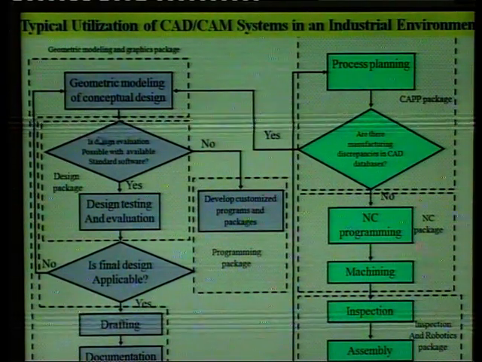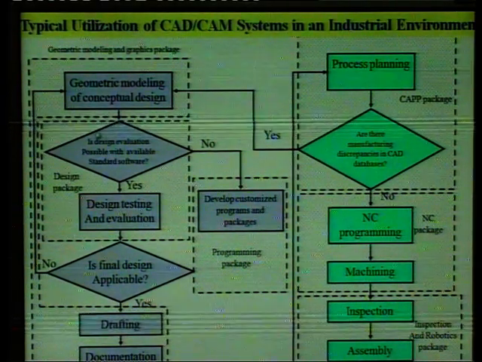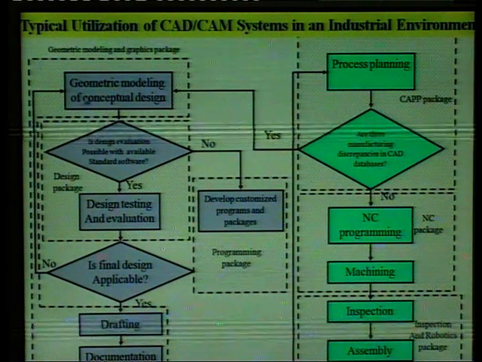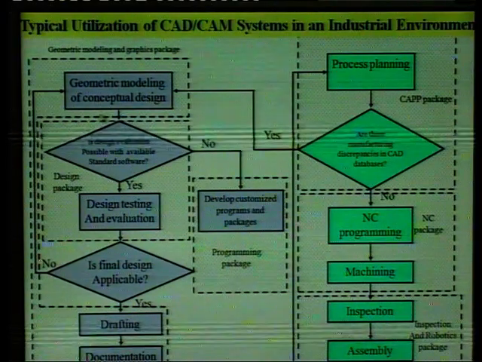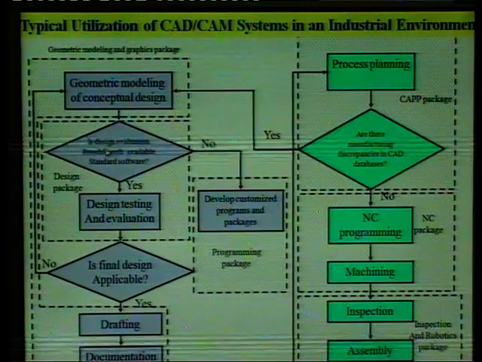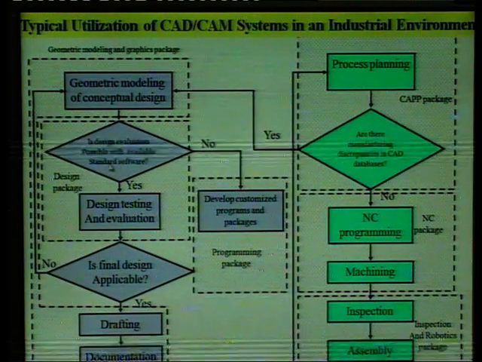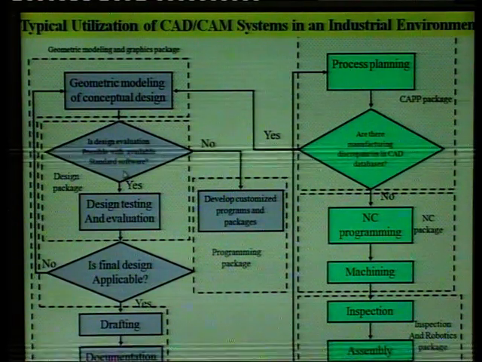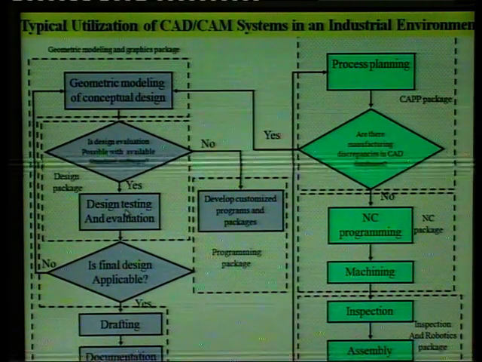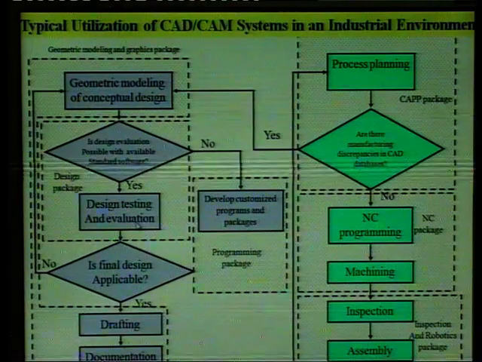In the CAD CAM system, the first thing is carried out by the geometrical modeling and graphics package. Geometrical modeling of the conceptual design is developed, and then a decision is taken: is design evaluation possible with the available standard software? If it is possible, then design testing and evaluation is conducted.